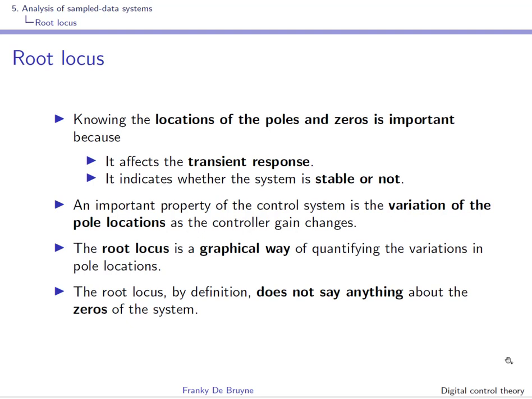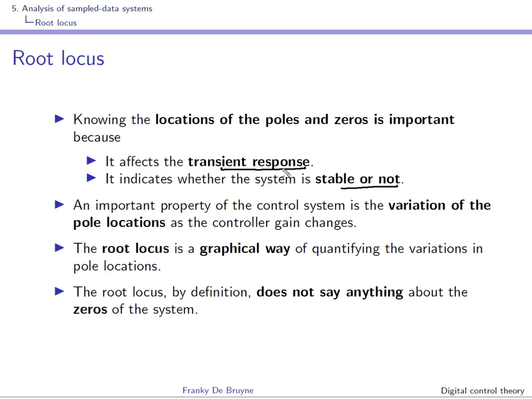Knowing the locations of the poles and the zeros is important. For instance, the location of the poles will tell you if the system is stable or not. And poles and zeros affect the transient response. A good example of that is a zero that is outside the unit circle, which will impose an inverse response during the transient.